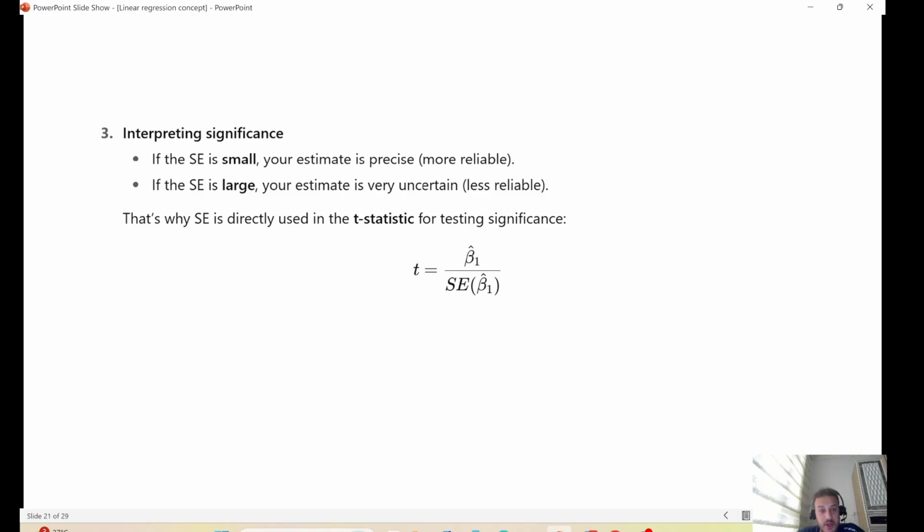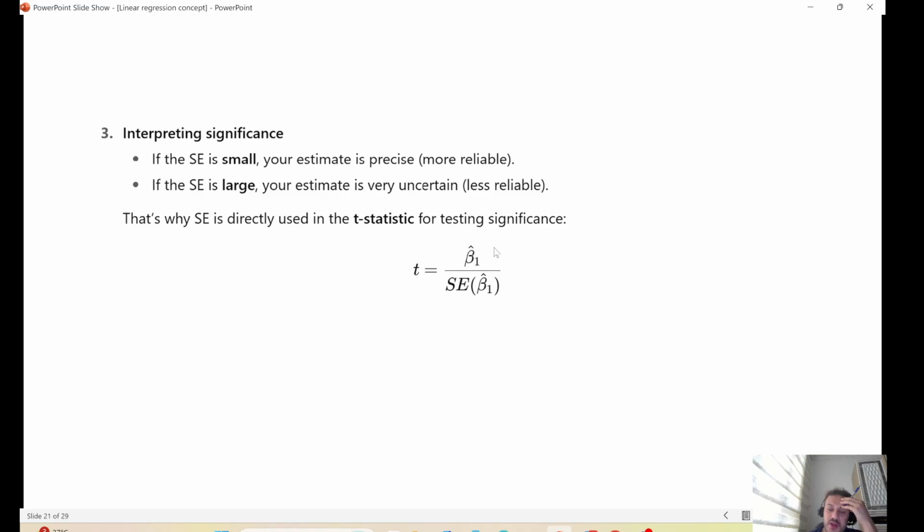If the standard error is small, your estimate is precise and more reliable. If the standard error is large, your estimate is very uncertain and less reliable. That's why the standard error is directly used in the statistic for testing significance.